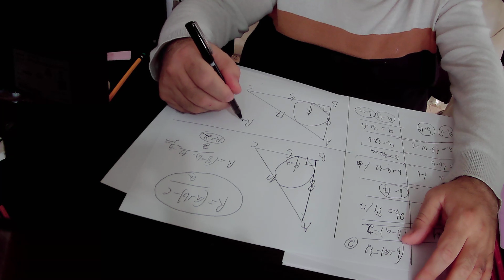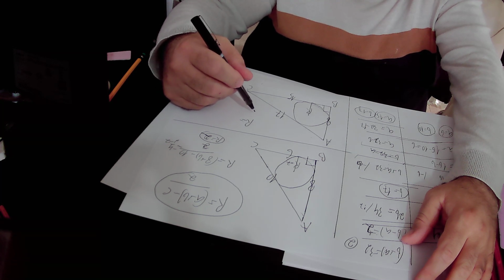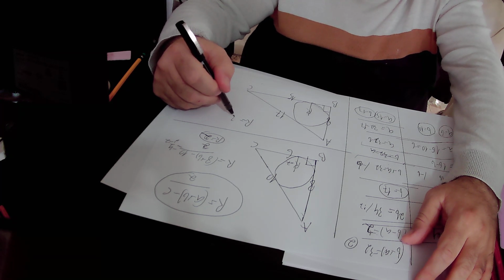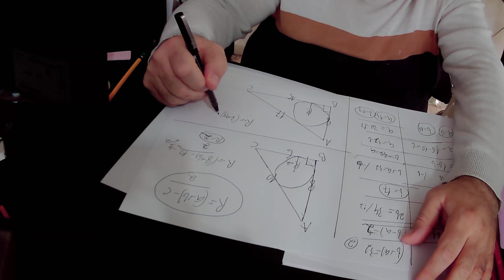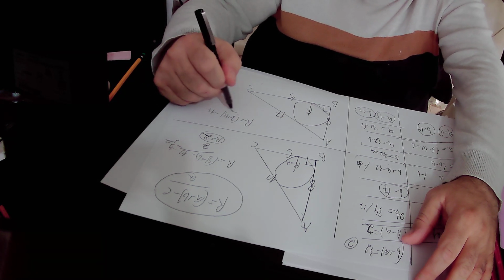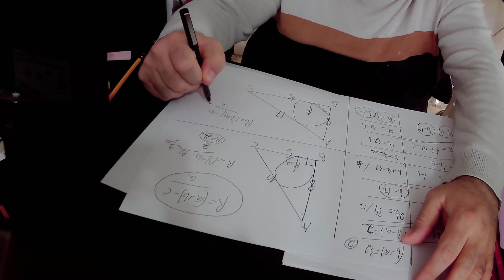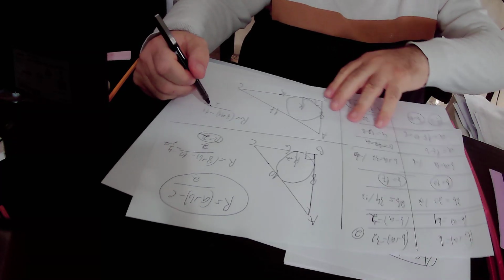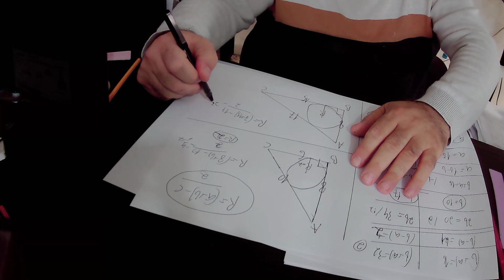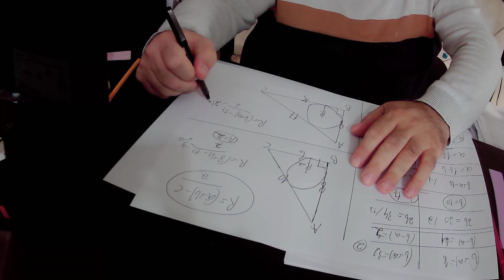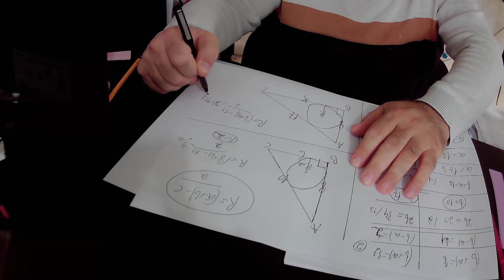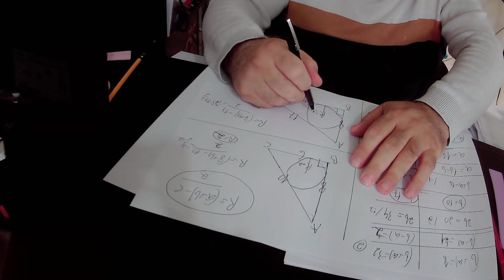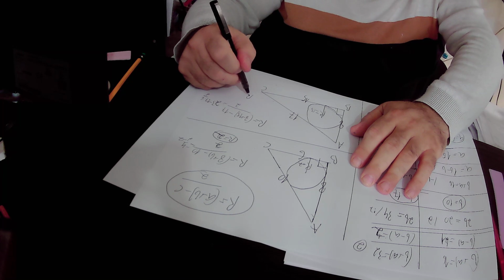R will be equal to A plus B, which is 8 plus 15, minus C, minus the hypotenuse, that is 17, over 2. So here 8 plus 15 is 23, and 23 minus 17 is 6, and 6 over 2 is 3. So we found that the radius equals 3 units.